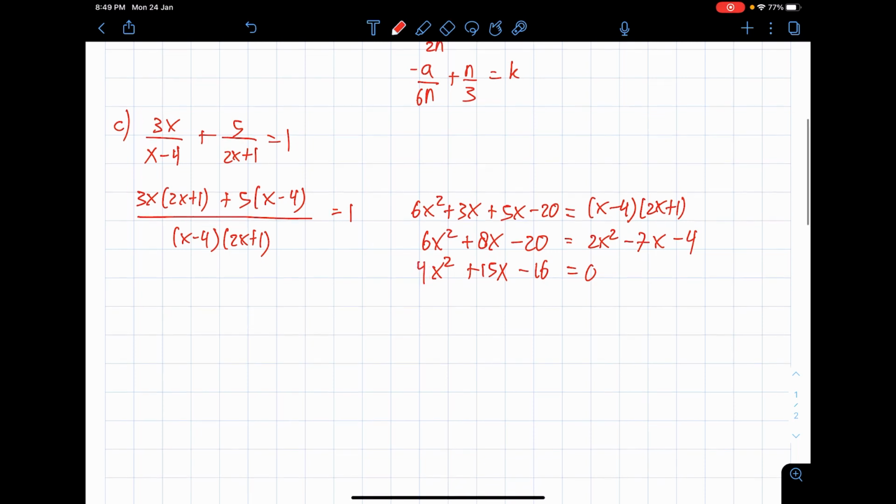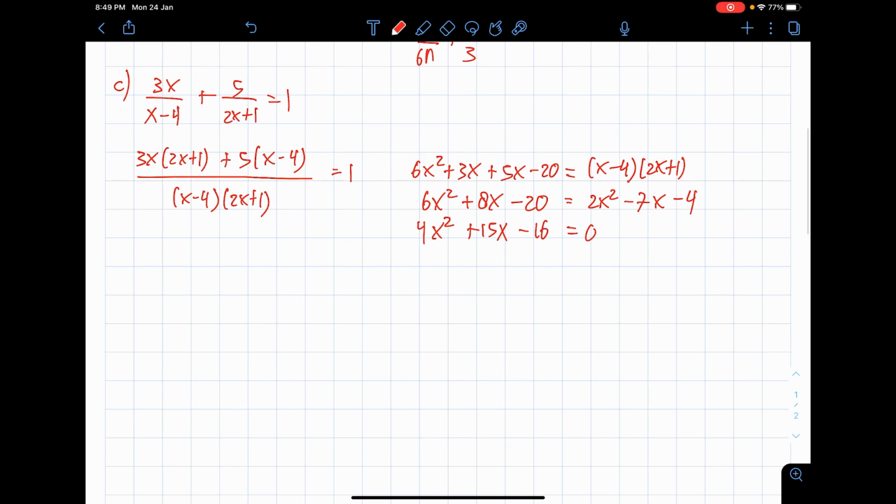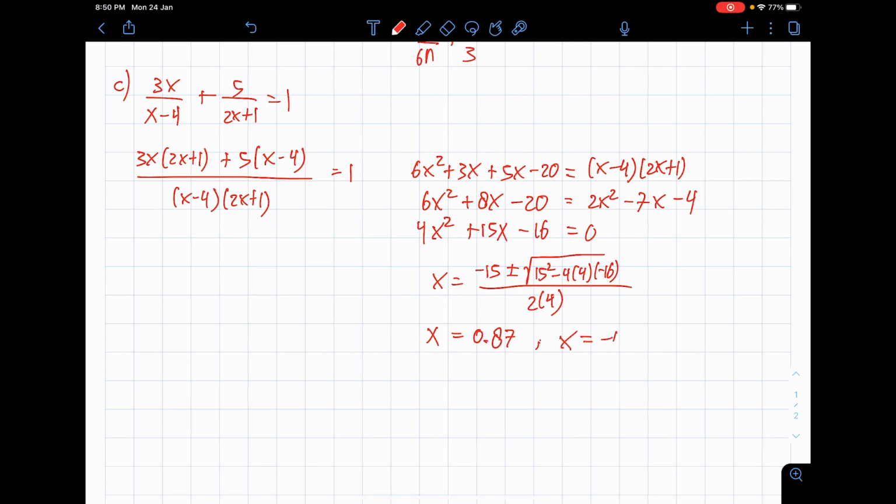This formula is on the front page of the O level, so I think it's very hard that you do not know about this formula. So x is negative b plus minus square root of b squared minus 4 multiplied by a multiplied by c, divided by 2 times a. Just press your calculator here and you're going to get 2 answers. The first one is 0.87 corrected to 2 dp, and likewise the other answer is negative 4.62 corrected to 2 dp as well. And that's for question 1.